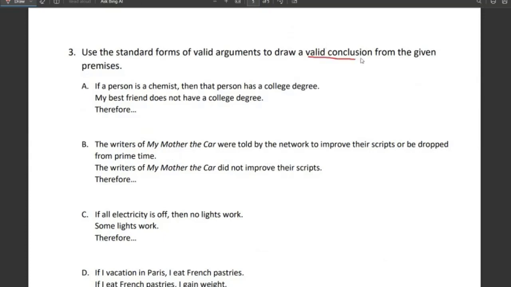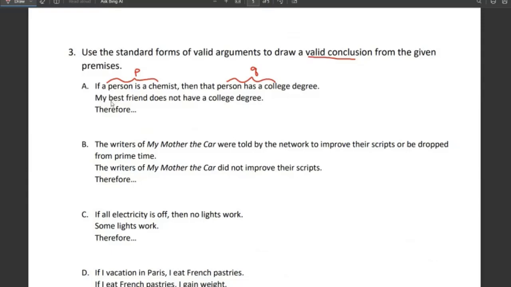So if a person is a chemist, we're on letter A, and we can name these whatever we want. So if a person is a chemist, then that person has a college degree. So I'm going to name this first part P, and then the second part Q.